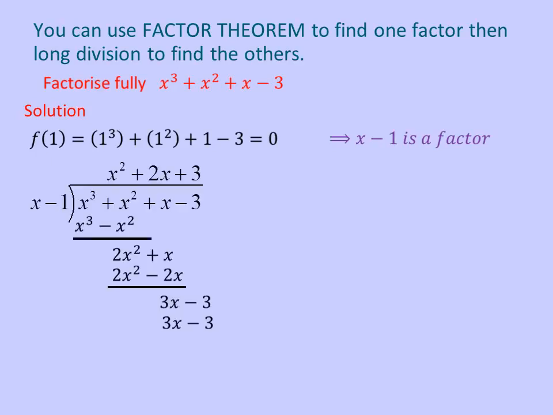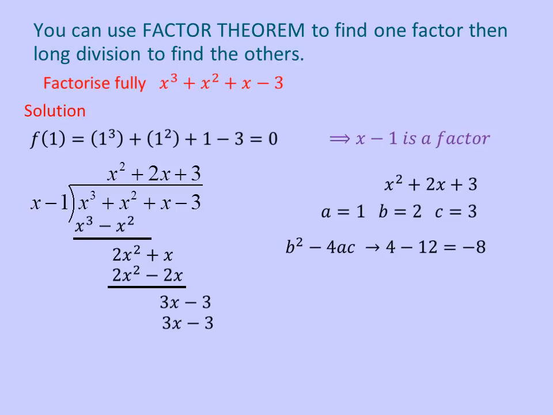Using long division, I then get my quotient to be x squared plus 2x plus 3. Just looking at this quotient in a little bit more detail, a is equal to 1, b is equal to 2, c is equal to 3.